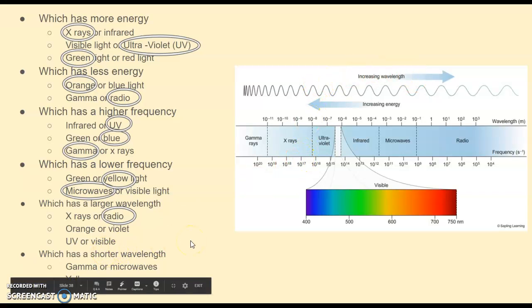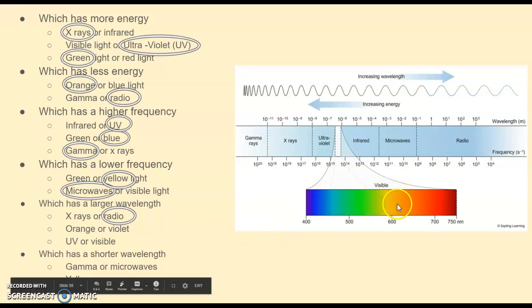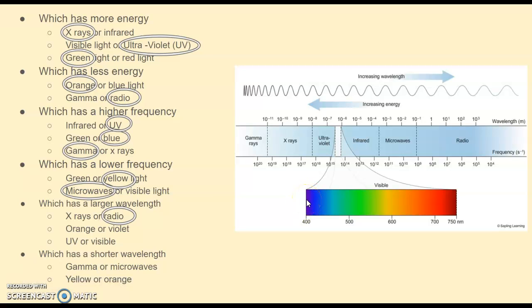Between orange and violet, orange is right here, violet is right there. Which one has the larger wavelength? That's going to be towards this end, so my orange. UV, visible, which would have the larger wavelength, that would be visible.